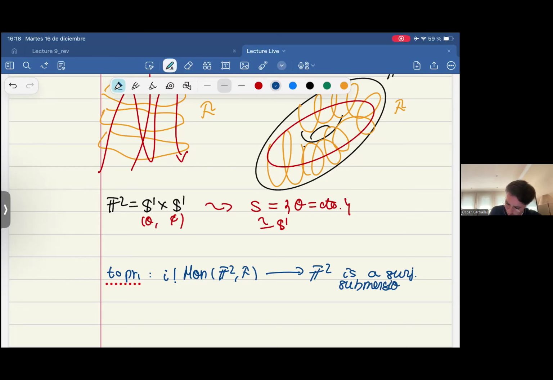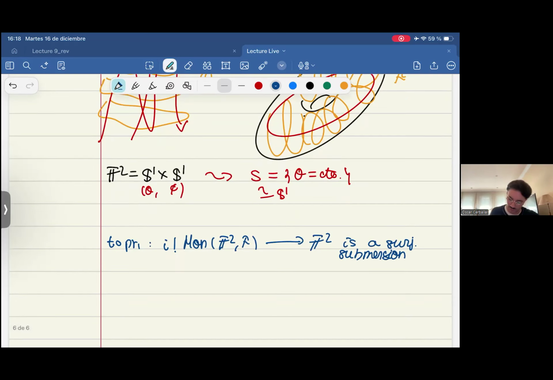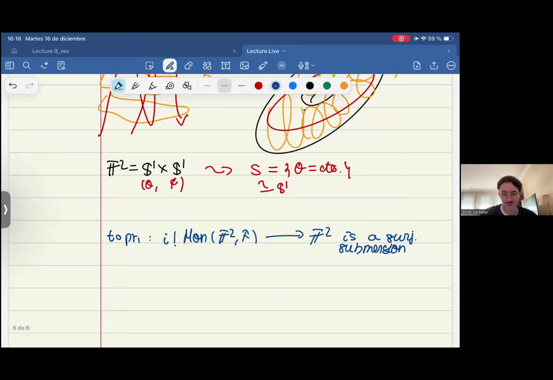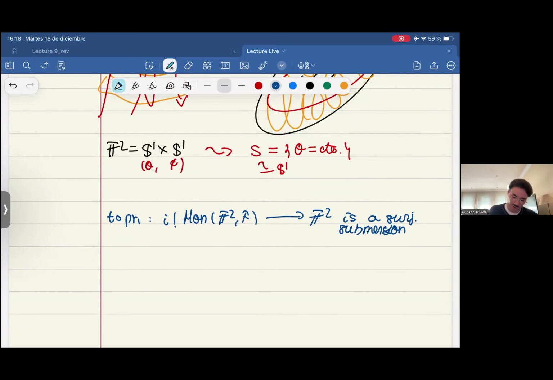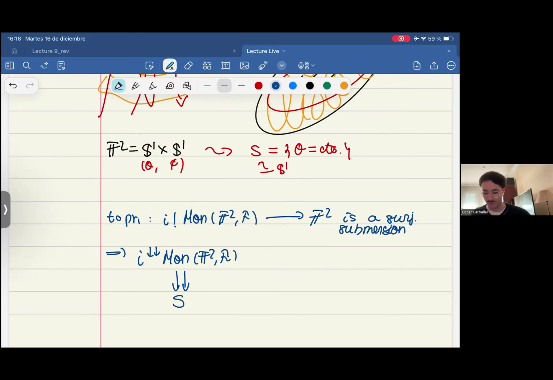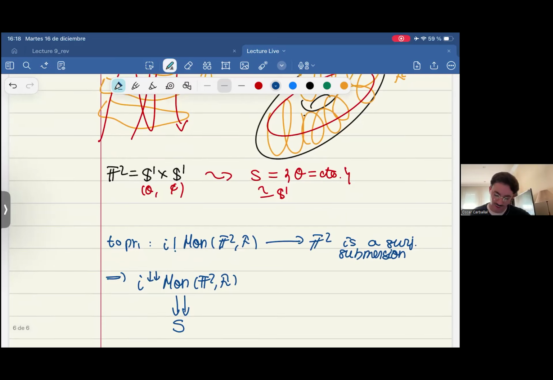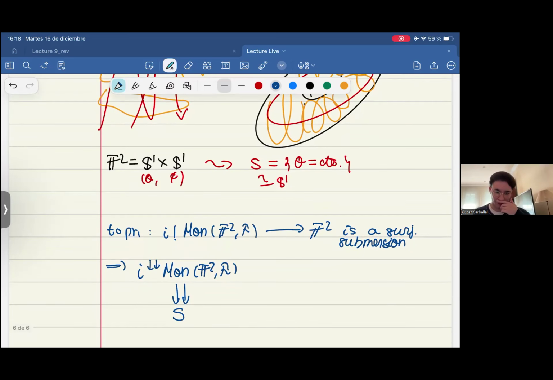Indeed, it can be proved that it is a surjective local diffeomorphism, but for sure it is a submersion, which is the important thing. And provided that this holds, by our following result, this pullback groupoid here is a Lie groupoid over our S, which is our completely transversal section of our foliation.